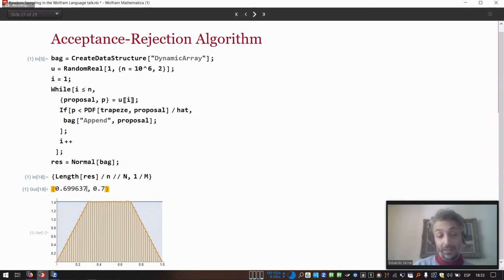And this is indeed the ratio of the volume of the hat to the volume of the target distribution, which here is 1 because it's normalized. So that's why we usually want this hat to be as tight as possible, because we don't want to be throwing away 30% of our proposals. Okay.